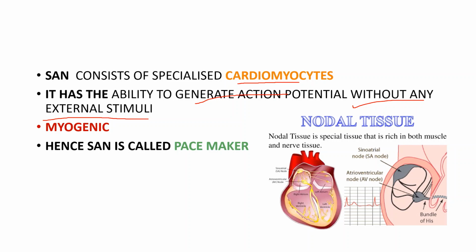That's why the human heart is considered a myogenic heart. When it comes to other invertebrates like arthropods, exactly, we studied the cockroach. The cockroach heart is not myogenic, it is controlled by the nervous system.